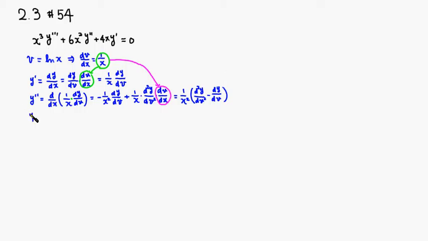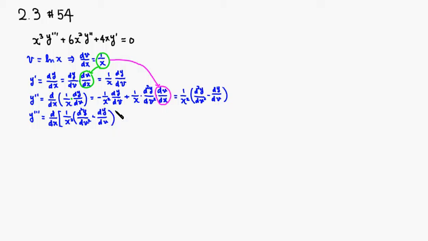Now we need the third derivative, so we're going to do it again. y triple prime is equal to the derivative of this guy. We need a bracket there: 1 over x squared times the second derivative of y with respect to v minus the derivative of y with respect to v.